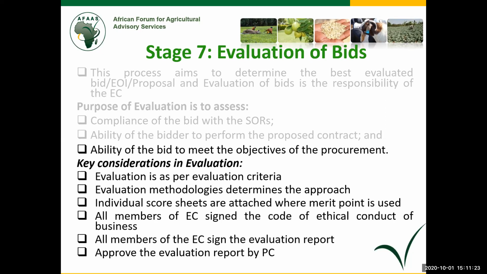If it is a firm and you are using a particular methodology, maybe consultant qualification selection, and you have put up a table: understanding the assignment, how you will evaluate the methodology and so on, experience of the firm, consultants, etc. That criteria that you put in the terms of reference must be maintained at evaluation and at award. So those are the key things there. The others can be read.